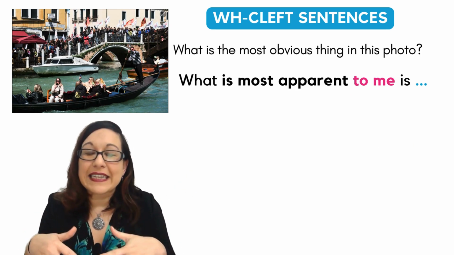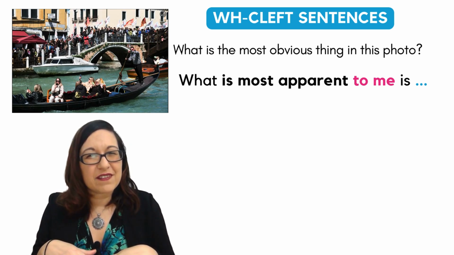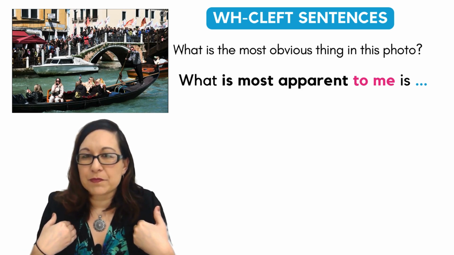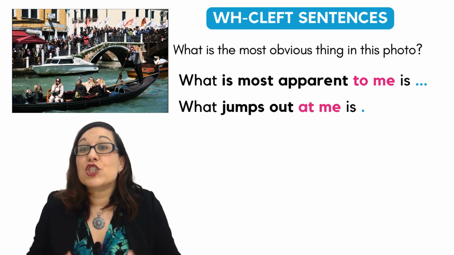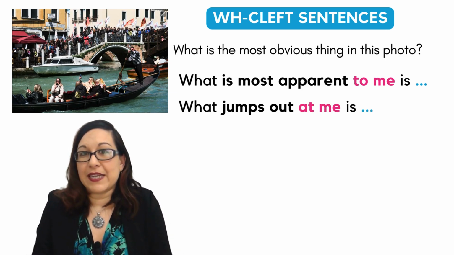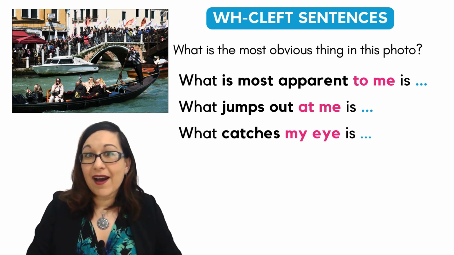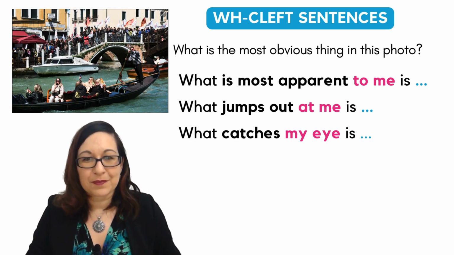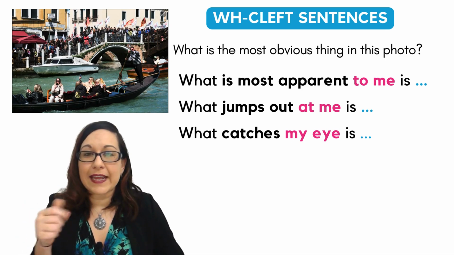Since we're just having an informal conversation, there are lots of other variations that we could use that fit my speaking style a little bit better. So I might say, what jumps out at me is. Or what catches my eye is. That just sounds more like me. So let's pay attention to how I have added me in those phrases.